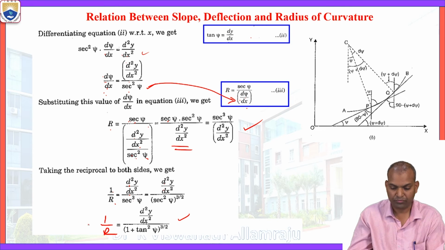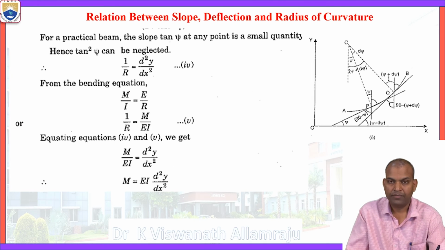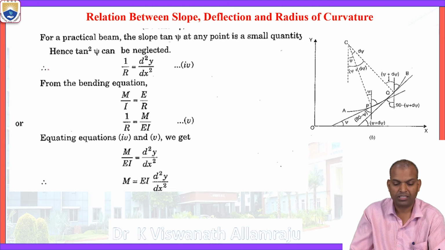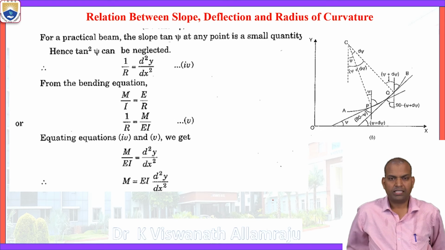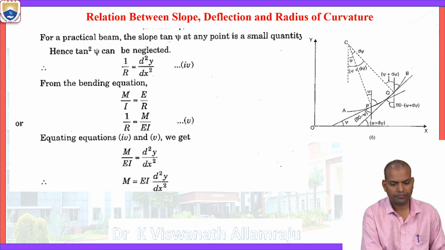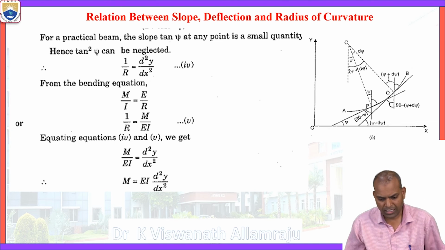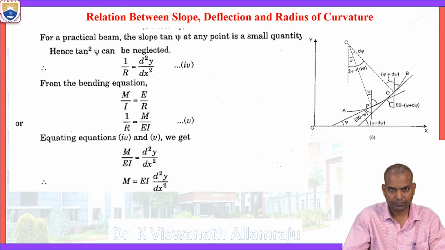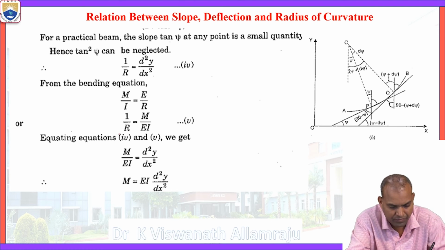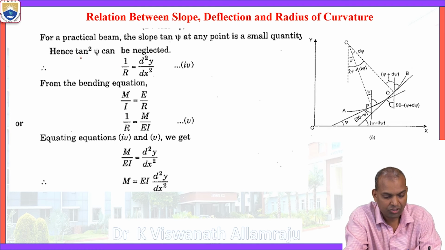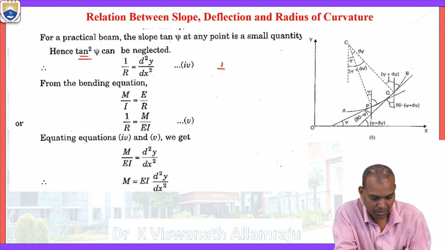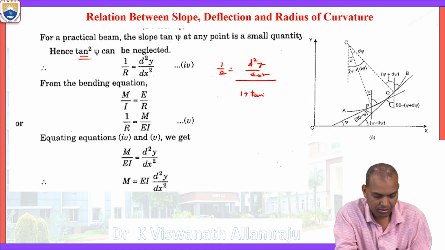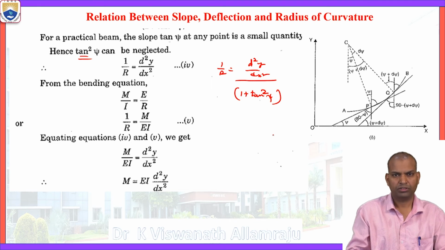Finally, tan psi at any point is a very small quantity, so tan square psi is very small and we neglect it.